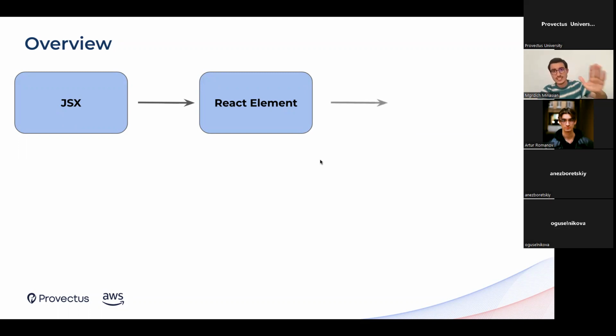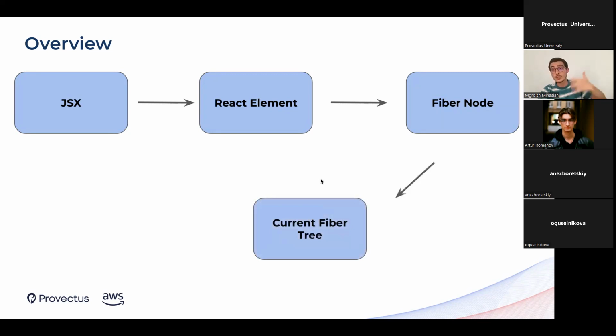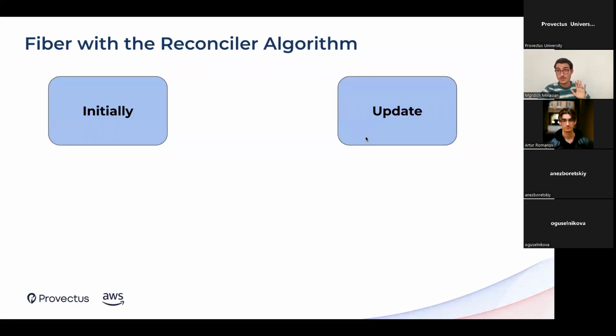So this React element will be turned into a fiber node, and then the fiber node will be turned into a fiber tree. So when you write JSX, it will be turned into a React element, and that React element will be turned into a fiber node and then a fiber tree. And thus, at the final thing, you have a fiber tree, your current fiber tree. So we have two cases to investigate now.